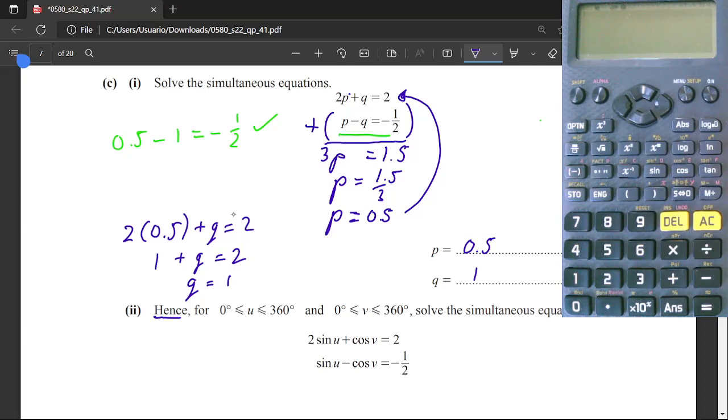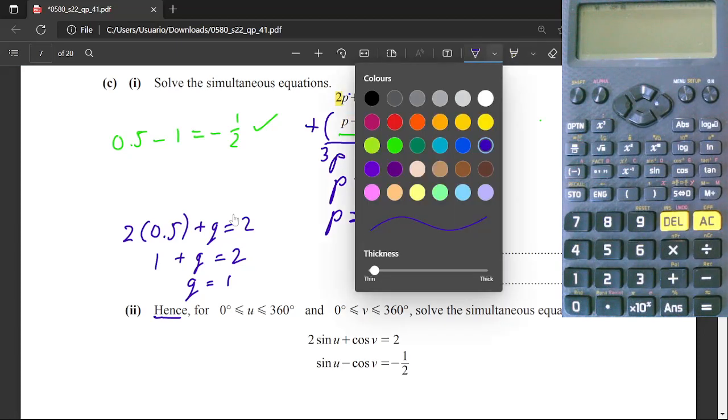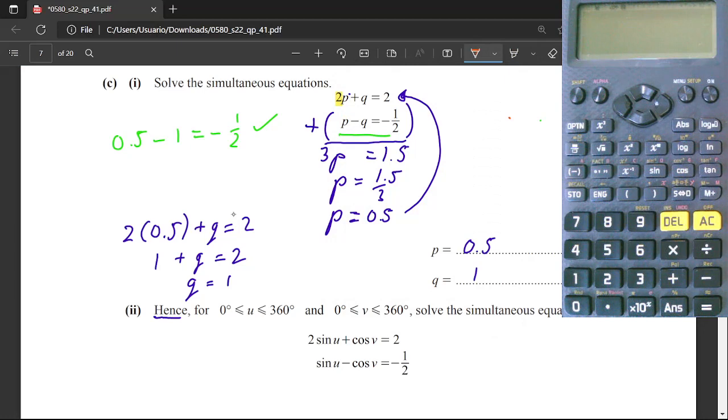If we look at the previous question, they are connected. These two sets of simultaneous equations are almost the same. If we look carefully, they've replaced p with sin u, and they've replaced q with cos v.